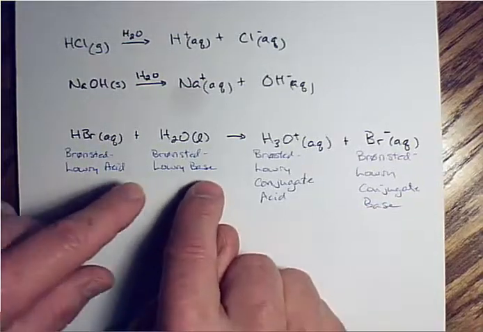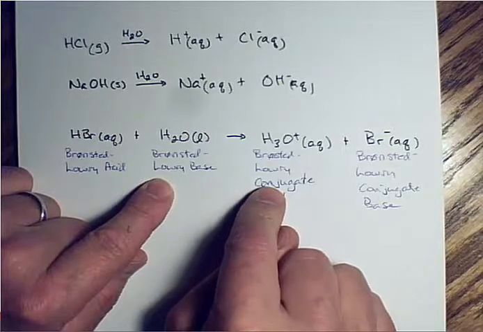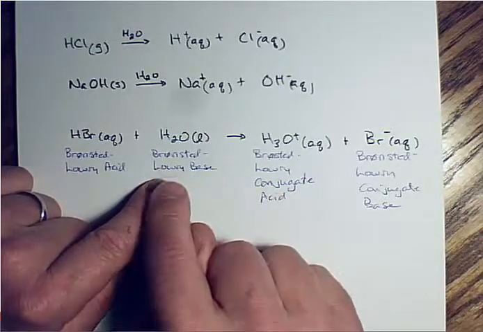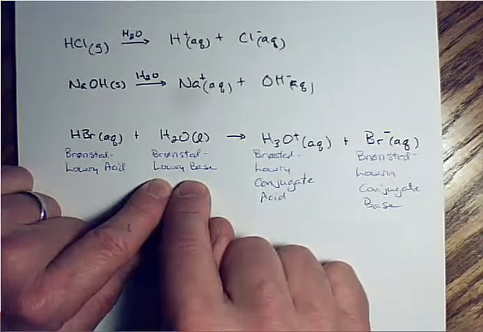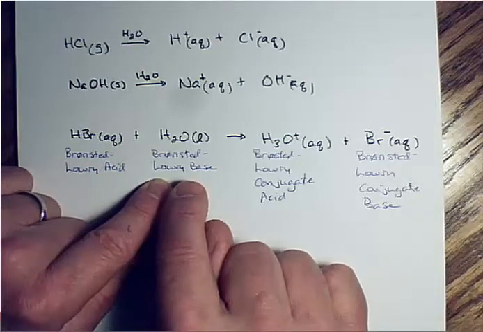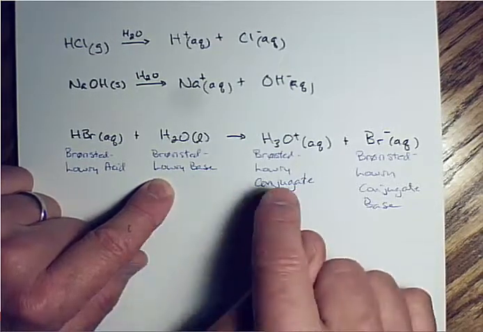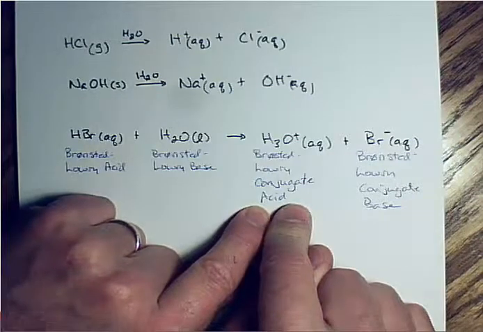All right? Every base has a conjugate acid. The acid is what you get when the base covalently bonds with the hydrogen ion. So this is the base because it accepts a hydrogen ion, and once it accepts that hydrogen ion, it becomes a conjugate acid. All right?